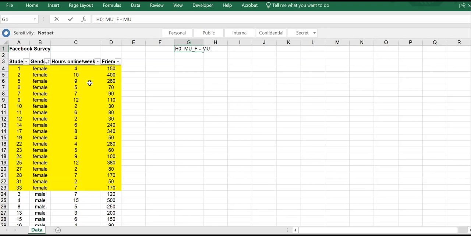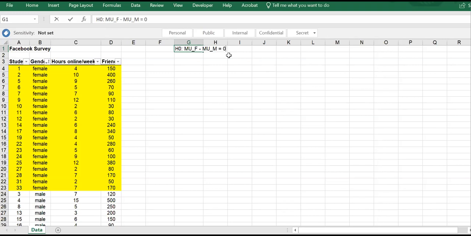We want to check to see if it's the same or if it's different. That would be a case of a two-tailed type of test. I just put females first, but it's up to you. You can put males first. This is a two-tailed type of test, so it really doesn't matter. We're gonna look at the p-value two-tailed.